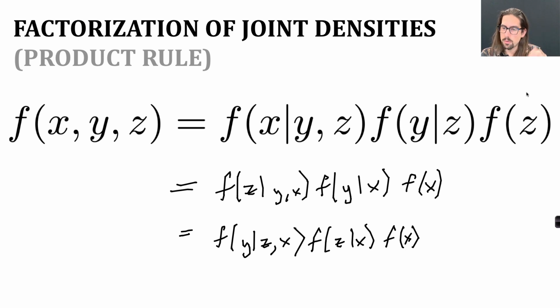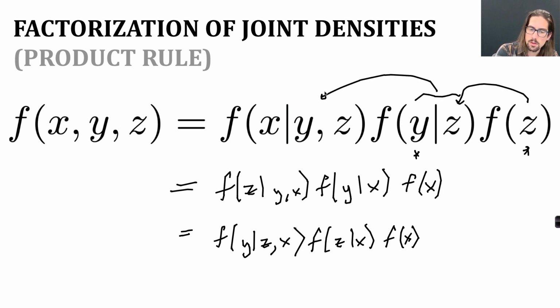Whatever marginal density you start with, that thing gets conditioned on, and then you introduce a new one. So at first you pick one, right? And then you pick another thing, and you condition on the thing that you've already picked. And then you condition on all of that, and you pick whatever's left over. So at each point you're introducing a new variable. That's the pattern.